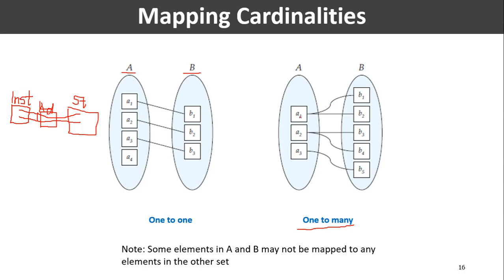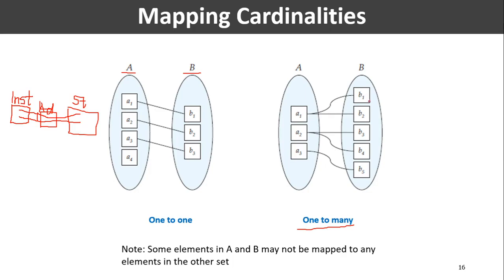An entity in A is associated with any number of entities in B. However, an entity in B can be associated with at most one entity in A.